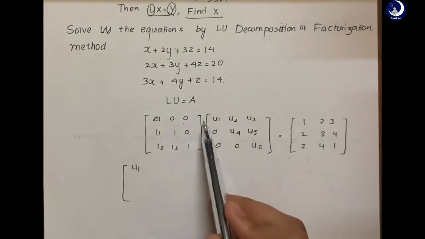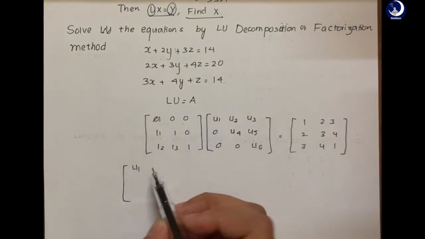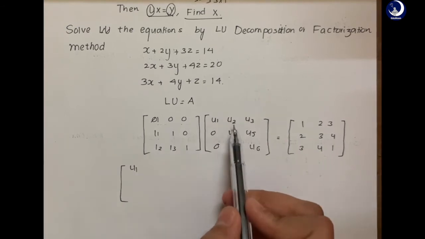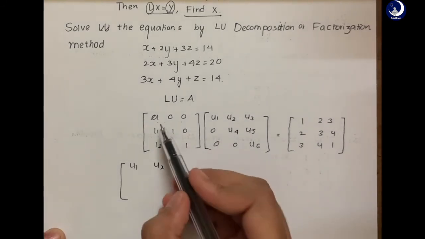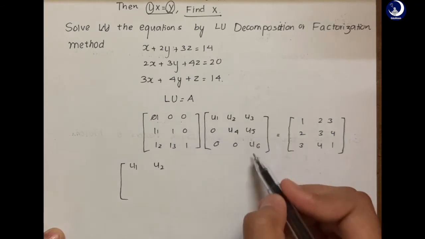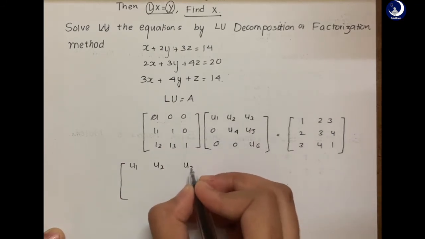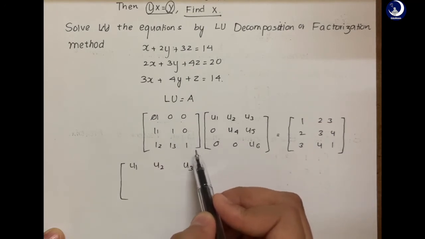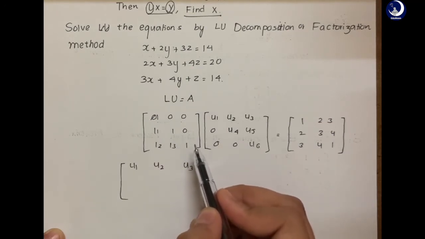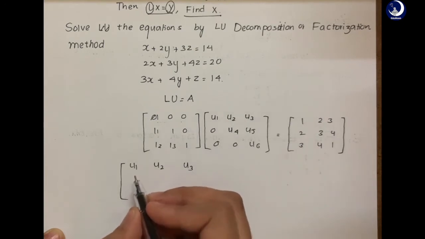We'll be multiplying the first row with first column. We'll get U1. Now first row with second column. First row with third column. If you have any doubt regarding multiplication of matrices, please look into previous videos to get clarity about that.